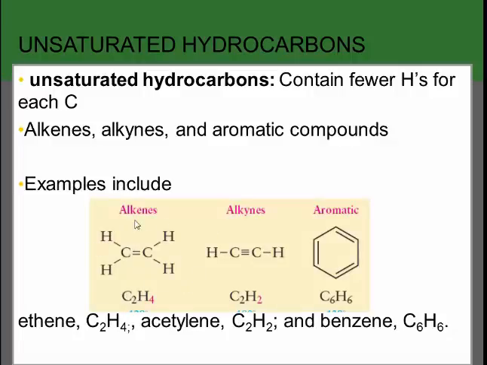So here is C2H4, that's ethene or ethylene, and that certainly doesn't fit the CnH2n+2. Acetylene, the simplest alkyne, C2H2, does not fit the saturated formula, and an aromatic compound, C6H6, also does not fit CnH2n+2.